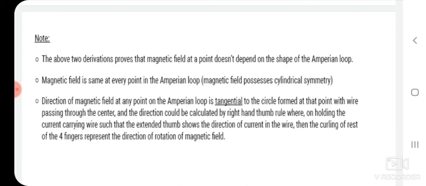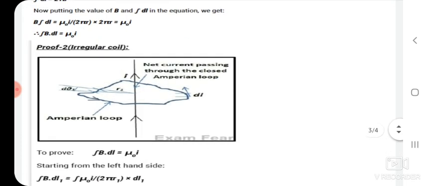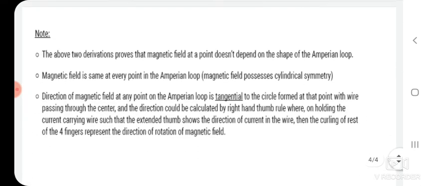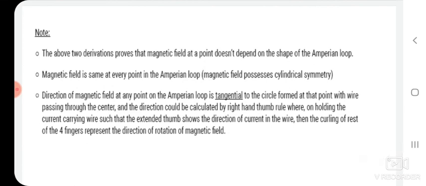It means what? Here we are showing the direction of current, magnetic field and the length element. It totally depends on the right hand thumb rule that we are describing with this third note.